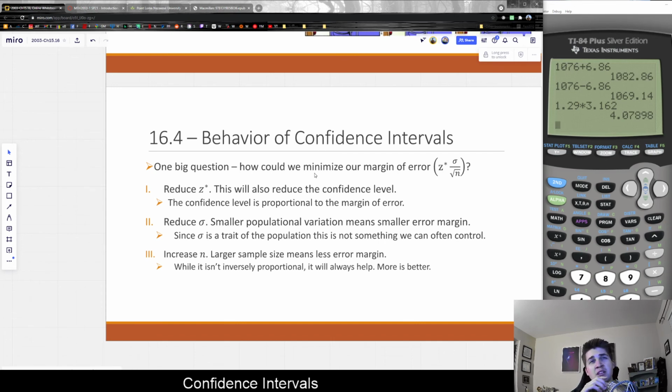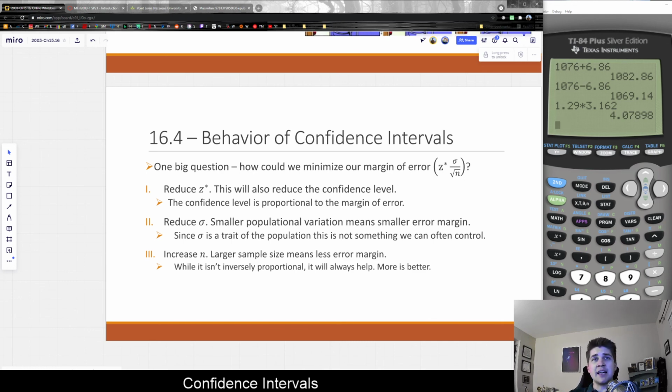Another thing is to change sigma, the standard deviation of the population. We could reduce that. Basically, sigma describes the standard deviation of the population in question. Usually you can't change that, right? We're trying to study that. It's not something we can actually affect. But if you do have a population that is more homogeneous, that has a smaller standard deviation, it will produce less margin of error because it's closer together.